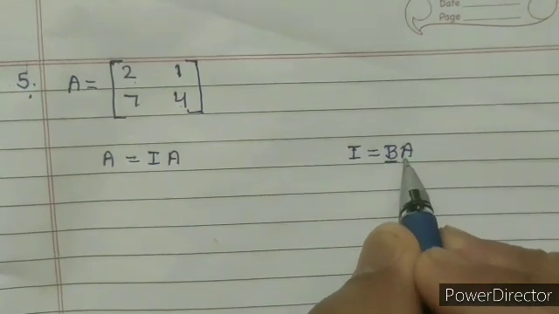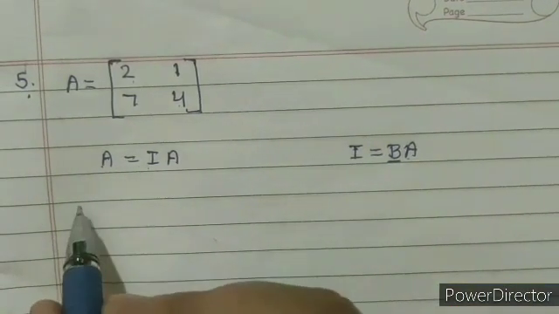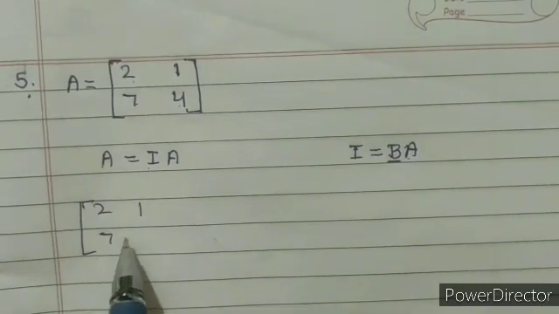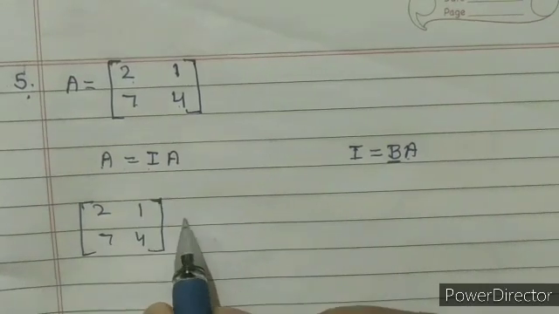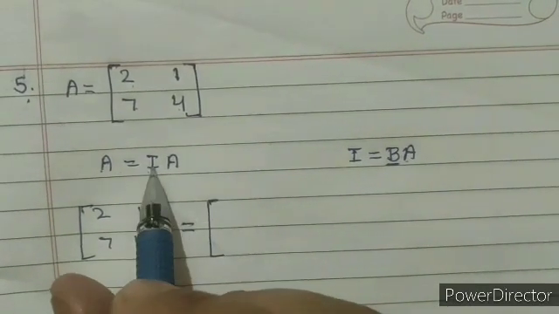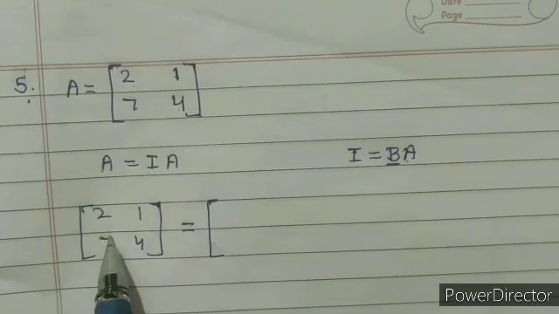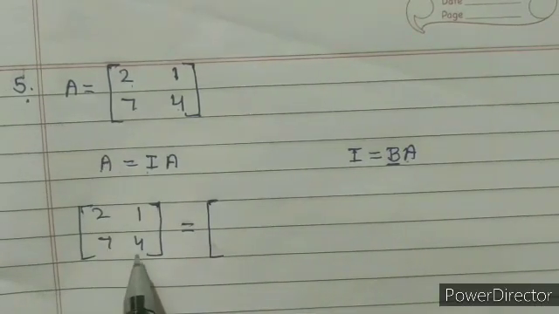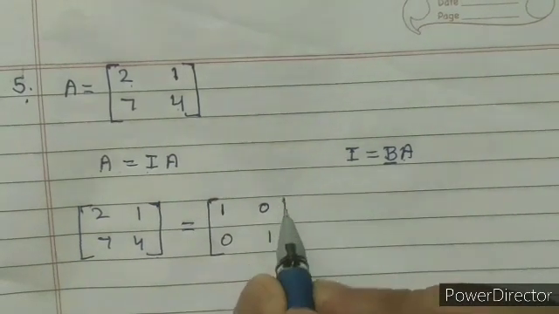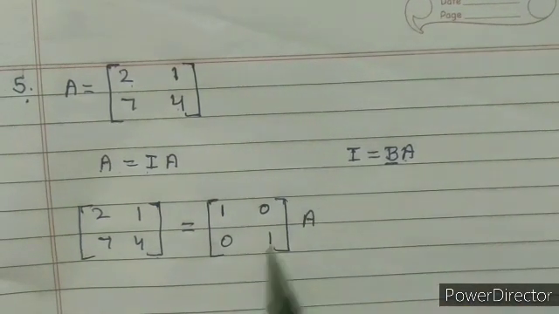Then B will be the inverse of A. A equal to IA means matrix A was 2 1 7 4. Now I will be the identity matrix. The order of the identity matrix will be the same as the order of A. As A is of 2 by 2 order, we will take the identity matrix of order 2 by 2 into A.